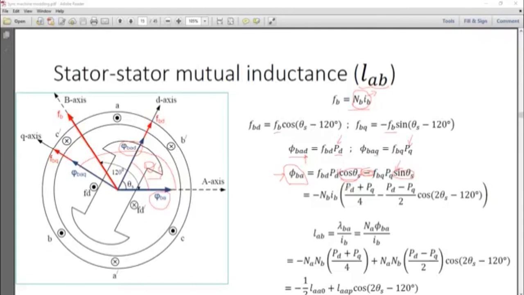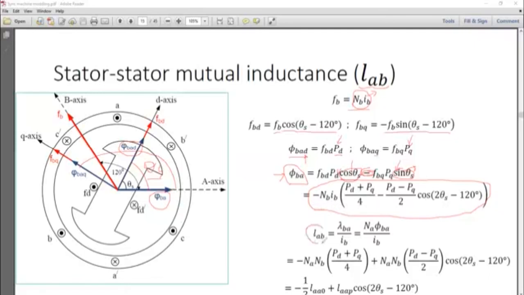It would be cosine theta S multiplied by cosine theta S minus 120. In this part, it would be sine theta S multiplied by sine theta minus 120. So it would be sine A sine B plus cos A cos B, not squared. You use the trigonometric identity, simplify them, and you will reach here. I'm not going into the detail anymore for this one.